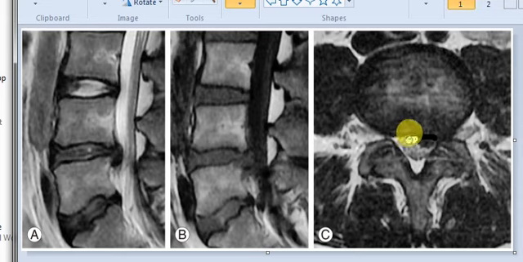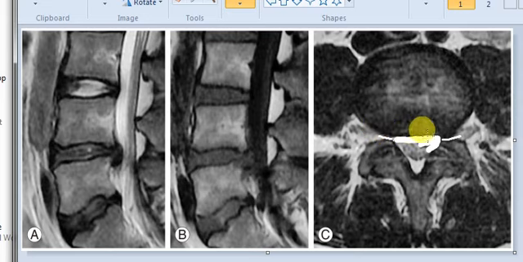And now normally it would be like this, if the disc were not compressing it. And from this thecal sac you can see this thin line. Let me draw it a bit less thin. You can see this right line, and this is the left side and this is the right side, so these lines are telling us about the exiting nerves.